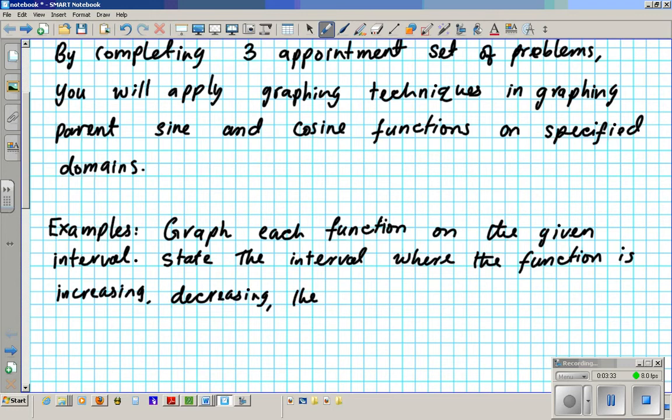I'm going to state the max and the minimum value. Okay, so that's the task.